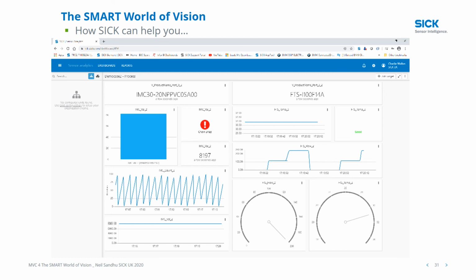In this case we've simulated a breakage, so we can alert and say a chain snap, so it could be a machine that's down. We look at flow rates from a flow meter, so you can see a lot of data here that's sent up from the device level, as we've called it, all the way up to what we call the cloud-based level, so it can be easily tracked as to what's going on in a particular machine or process.